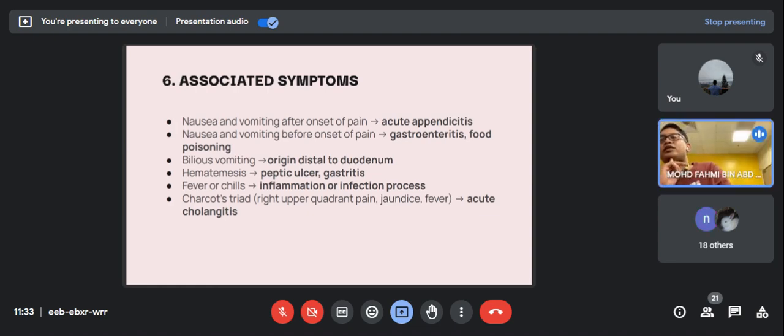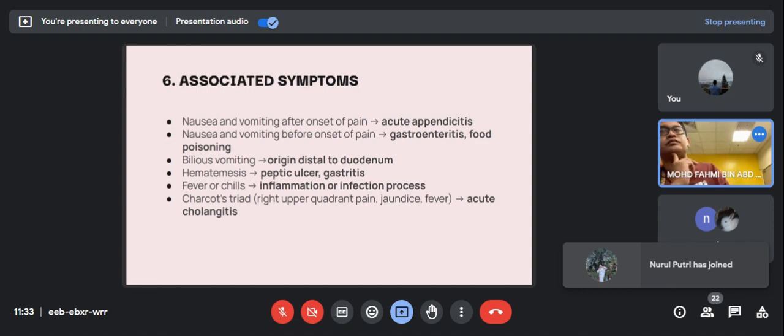Kalau obstruction after ampulla Vater kat colon, tak keluar itu dah lain lah. Still it must be in small bowel lah. Okay, so ampulla Vater tu kat mana? Exactly. Kat duodenum.